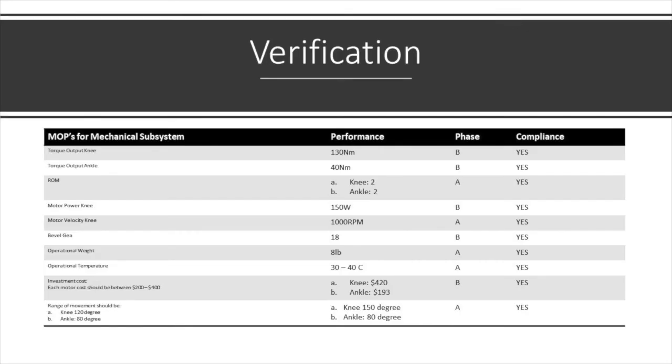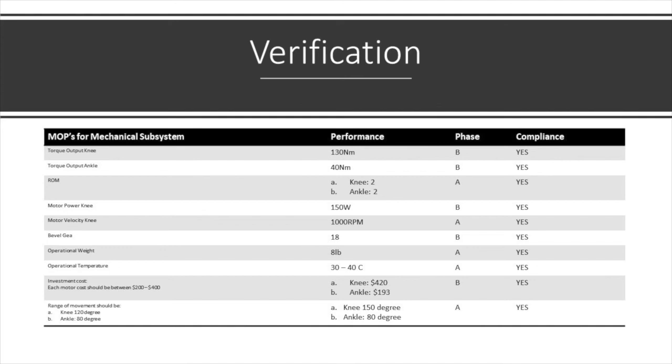After defining and showing our drawings for both ankle and knee systems, we now jump to our verification step. In it, we verify our MOPs for mechanical subsystems, our performance, the phase in which it was defined, and whether it complies or not.